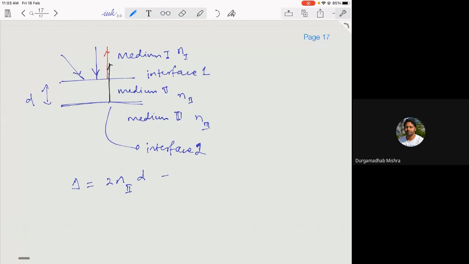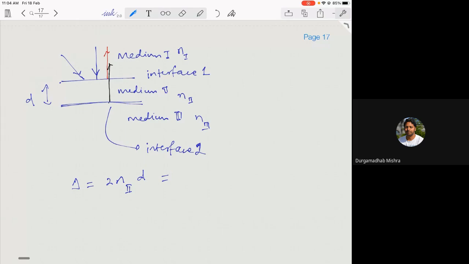And now the condition for maxima and minima will be reversed, because on one interface or one surface, the top surface, when there is a reflection, the wave has a phase change, and that gives rise to an additional path difference between your two reflected beams.